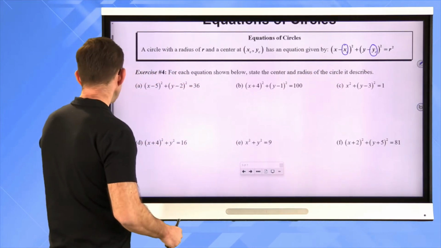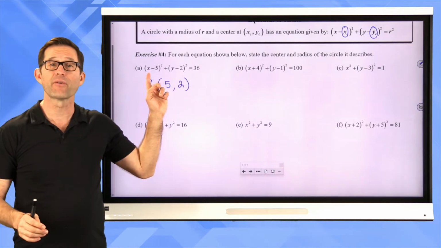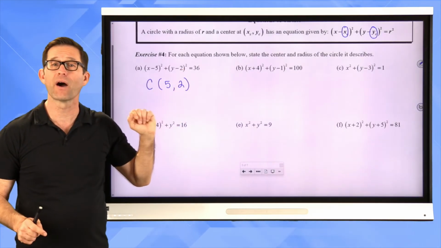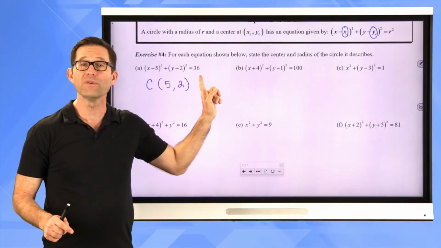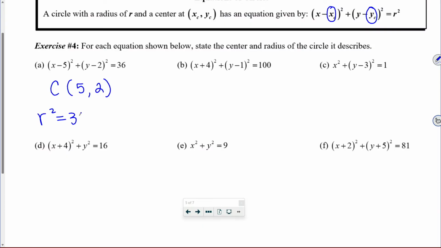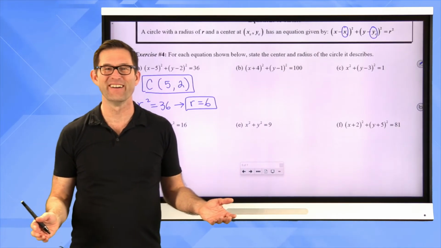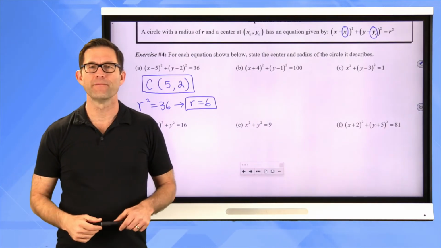In other words, the center, which I'll just call C, is going to be at 5, 2. I've subtracted the 5 from the x and the 2 from the y. And that right side will always be the radius squared. So the radius squared is 36, which means the radius must be 6. I like these. These are easy.